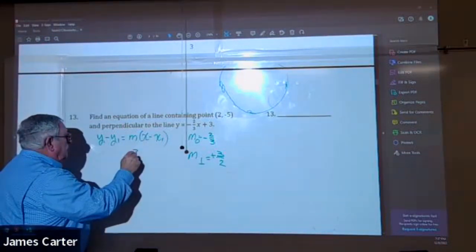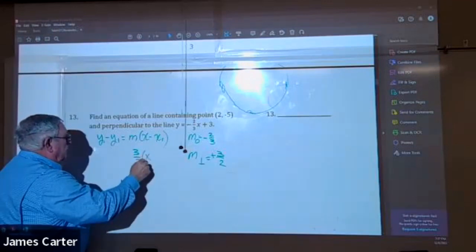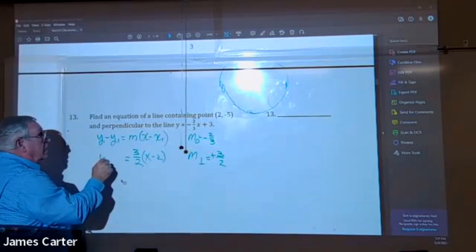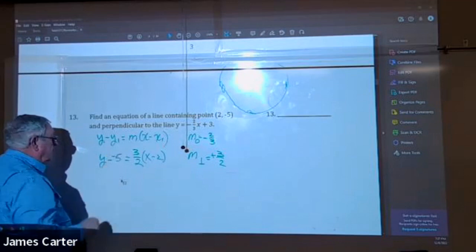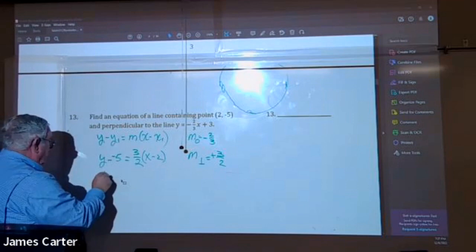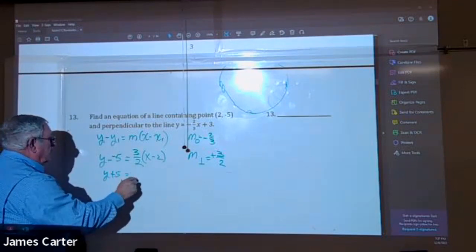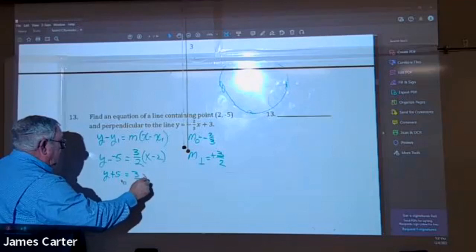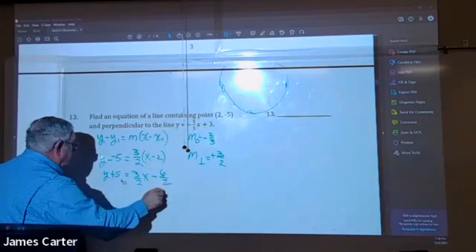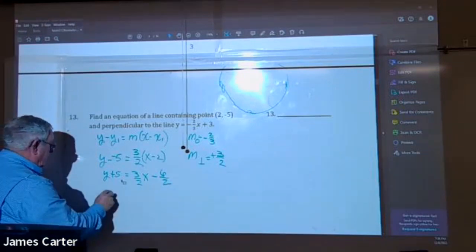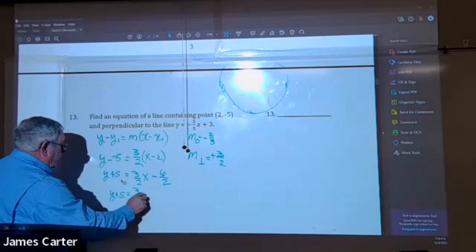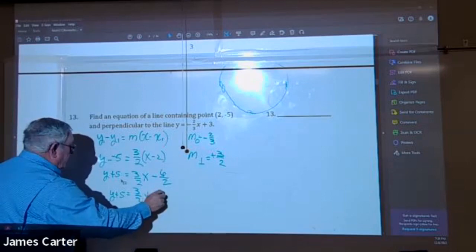So in this case, I'm going to put 3/2 here. x minus 2 and y minus -5. y plus 5 equals 3 halves times x minus 6 halves. y plus 5 equals 3 halves x minus 3.